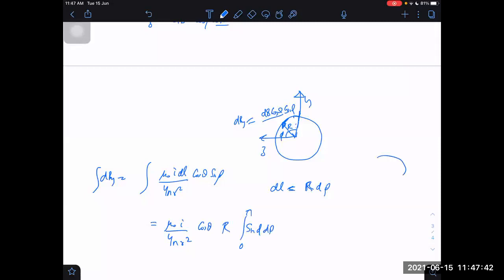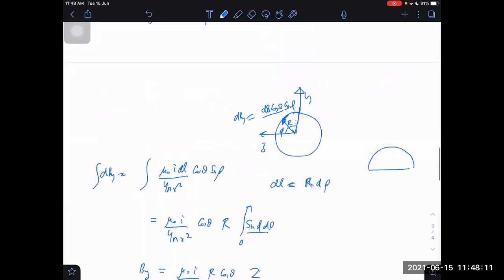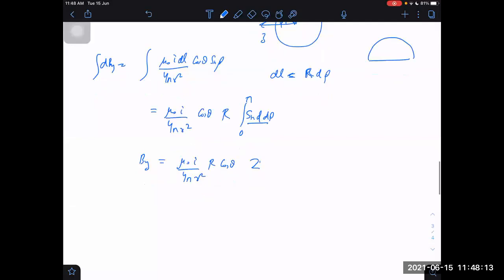For a semicircle I can take 0 to pi. What do we get then? Mu naught I upon 4 pi r square into r into cos theta. This limit will give us 2 after integration, right or not? Yes, sir. Not just magnitude wise, but with sign also it will be 2 only. This is By. So we are able to calculate By this way also, and achieve the value of By this way too.